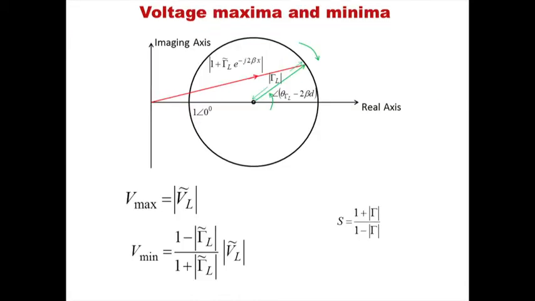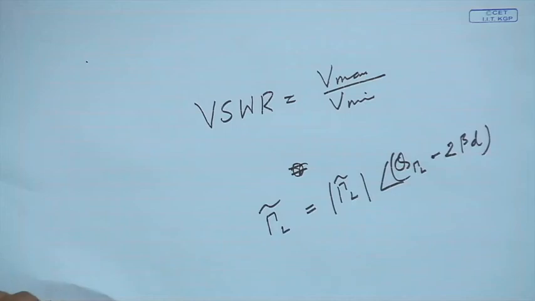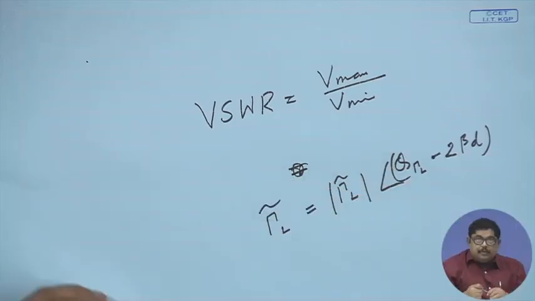So, what is the maximum value for that? This V max, if you put that value when they are collinear, it will come out that V max is this and V min is this. So, this ratio V max by V min is given by this. When we wrote earlier that VSWR is this thing, we have defined this.